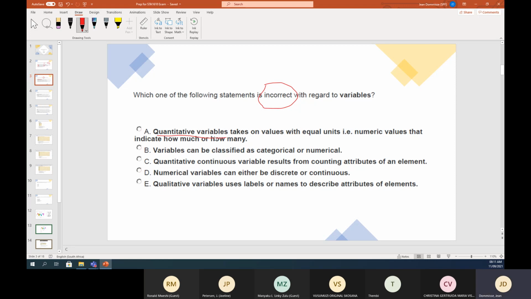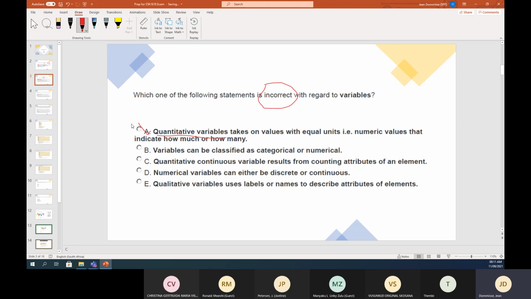Remember, quantitative variables can be discrete, continuous, ratio. So a quantitative variable takes on values with equal units, numeric values that indicate how much or how many. So that is correct.